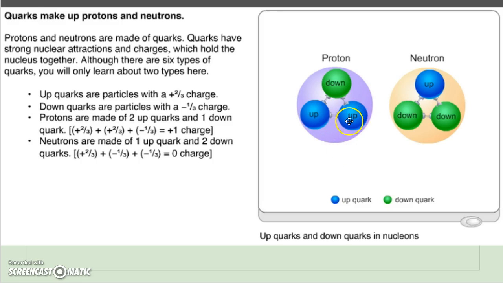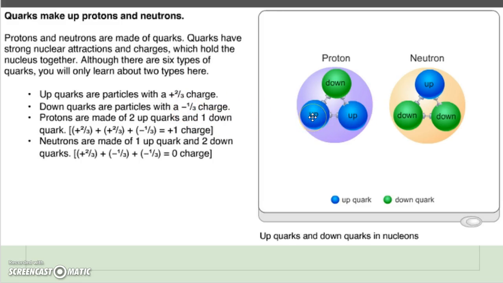It takes 2 up quarks and 1 down quark to make a proton. It takes 2 down quarks and an up quark to make a neutron. And the reason that they're showing you this is because the up quarks have a charge. Their charge is positive 2/3. Yeah, they're each positive 2/3.